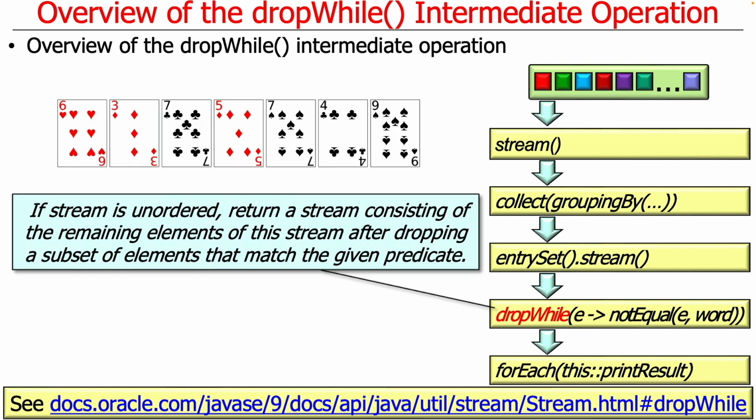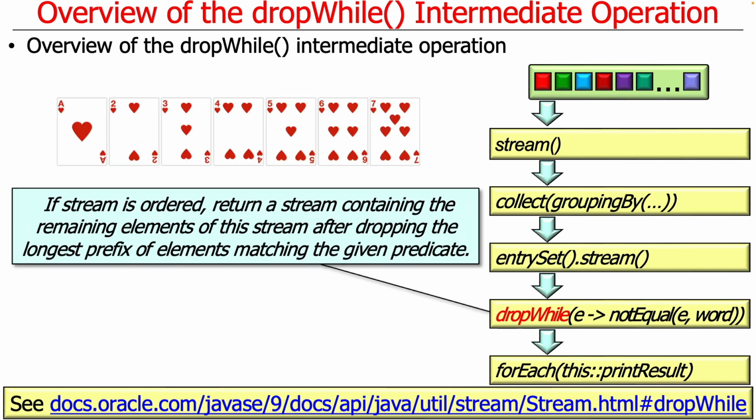So what does it mean for a stream to be unordered? That means we don't care about the order in which stuff is. Ordered is not the same thing as sorted, by the way. It just basically says that if there's an ordering, the first item needs to be considered first, followed by the second item. Something like a list is an example of an ordered collection or an ordered stream. A list converted into a stream is an ordered stream.